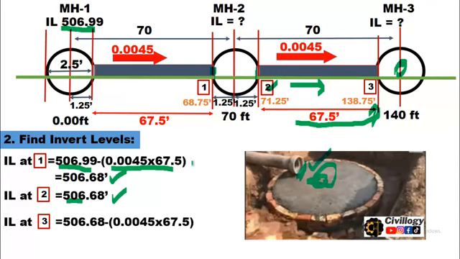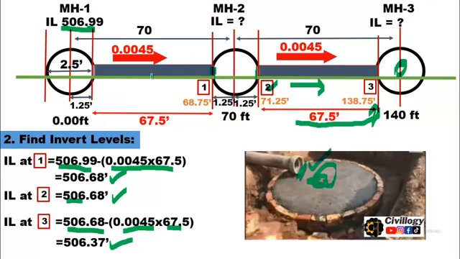So the distance traveled is 67.5 and the slope is 0.0045, and the invert level of the previous manhole, number 2, is 506.68. Applying this formula we will get the invert level of the third manhole, which is 506.37.